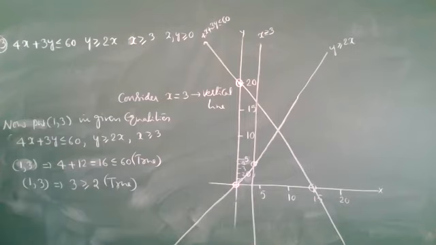Right. For the third point, x greater than 3 means a problem will come. 1, 5 we can take.